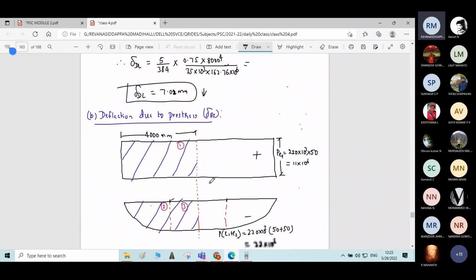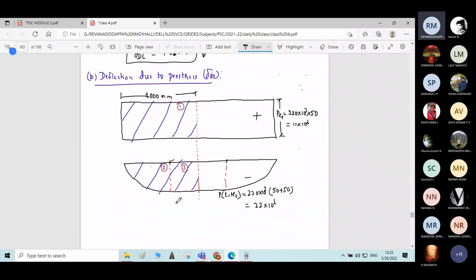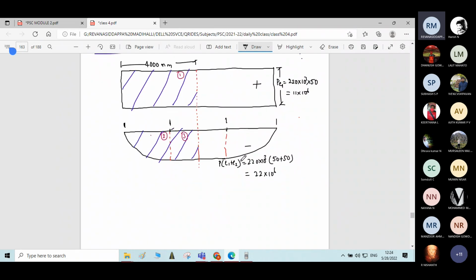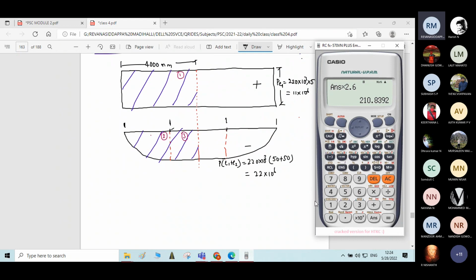So if you divide this length into 3 parts, 8000 divided by 3, you get around 2666.6 mm.